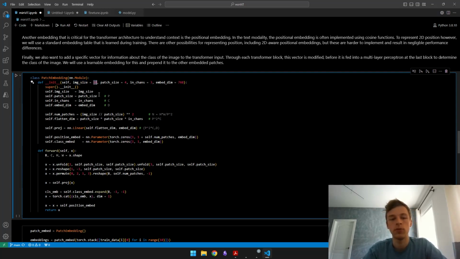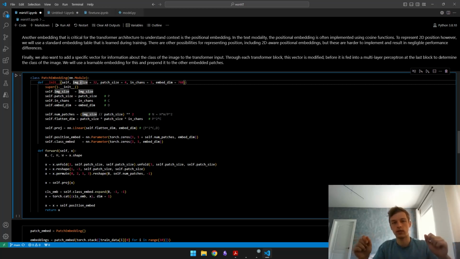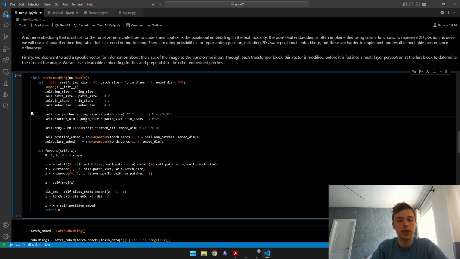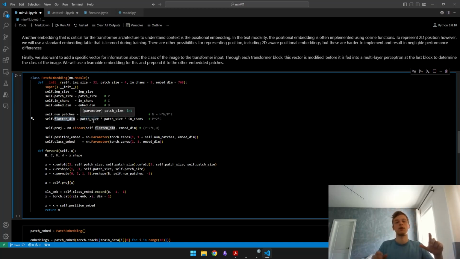We have 32, and then if we divide that by the patch size and then square it, because the image size is only one of the sides, we assume that height and width are the same. Here we get the number of patches in the image. And then the flattened dimension is, again, from earlier, the patch size by patch size. That gives us the number of values in a patch, but then we want all the channels in that, so we multiply it by the number of input channels, which in this case is 3.